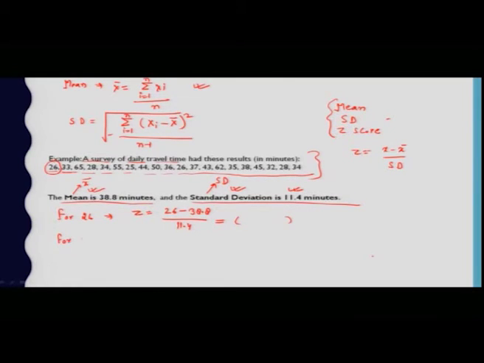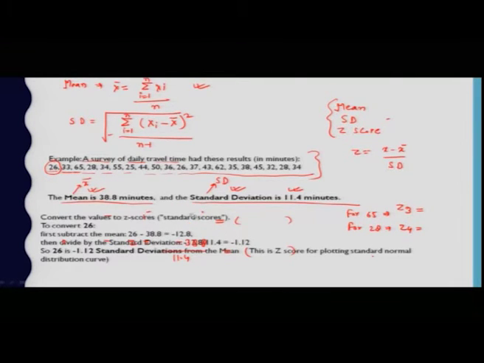Similarly, for 33 you have to calculate the z score, which will be 33 minus 38.8 upon 11.4. That will come out as some value. In a similar way you will have to calculate for each number, let us say for 65, giving z1, z2, z3. For 28, the value will be something different. So, for each particular value you will have a distinct z score.